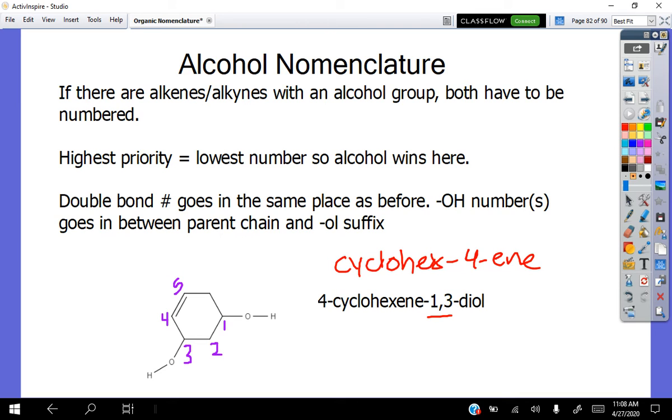So they put those numbers before the -ol suffix. And since there are 2 alcohols, they have to use the prefix di. So we get a diol. So all in all, this is numbered clockwise 1, 2, 3, 4, 5. This would be 6, with the OH groups having the lowest possible numbers. And then we end up with 4-cyclohexene-1,3-diol.